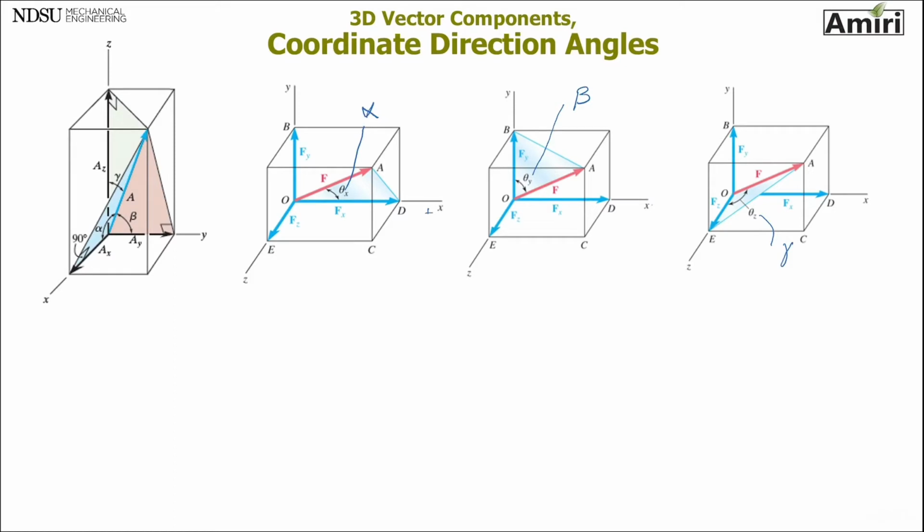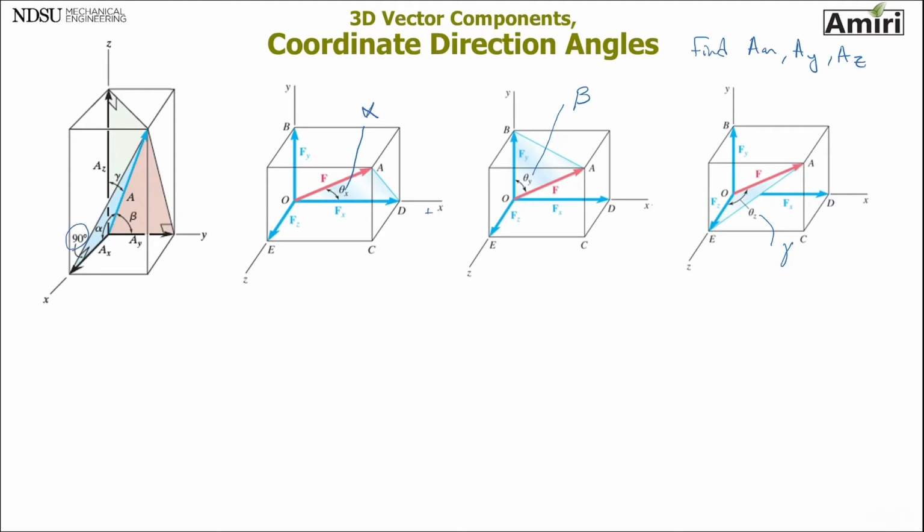Okay, so let's not forget the goal. The goal is to find Ax, Ay, and Az, the magnitudes of these, from vector A. So let's look at the blue shaded triangle. I know it kind of looks weird, but this angle right here is 90 degrees.